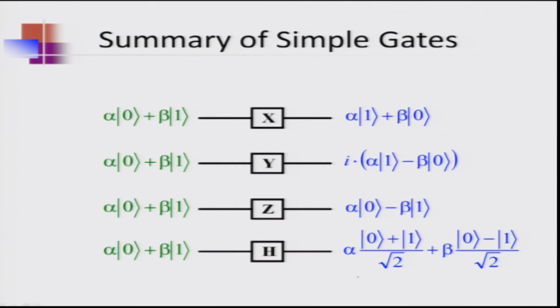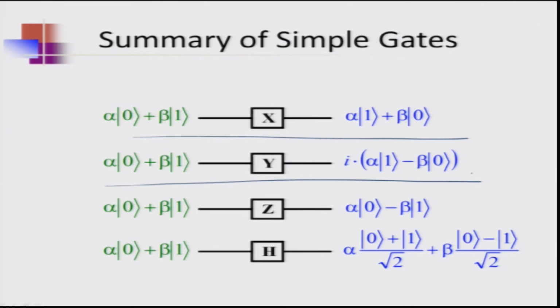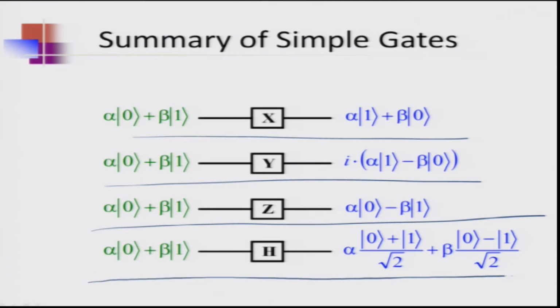Okay. Now, the summary of the simple gates therefore are these: the X gate, basically the NOT gate, where alpha 1 0 converts to 1, and beta 1 converts to 0. Then the Y gate, which basically is a complex conversion. It has a part which takes you like this, and then the Z gate gives you that, and finally the Hadamard gate.